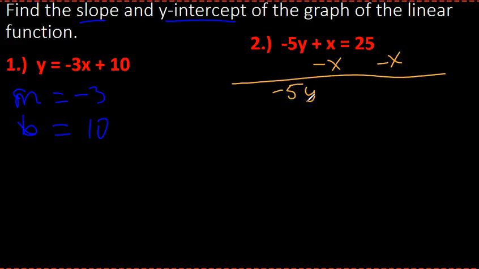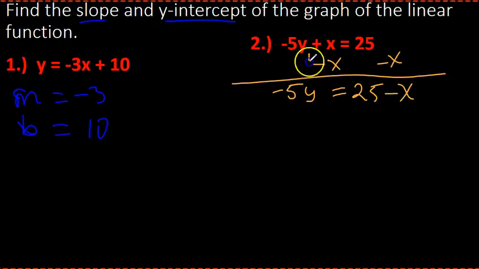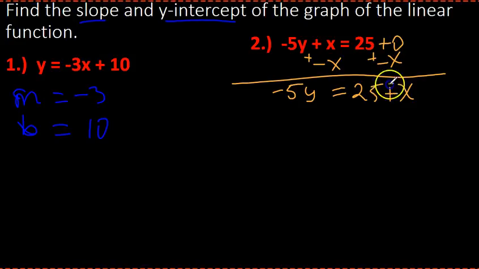We get that. So this side becomes 0. So we have -5y equals 25 plus -x. Let's do it plus negative, to make it easier.